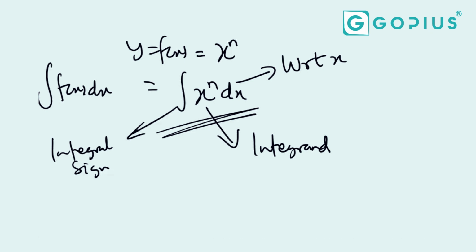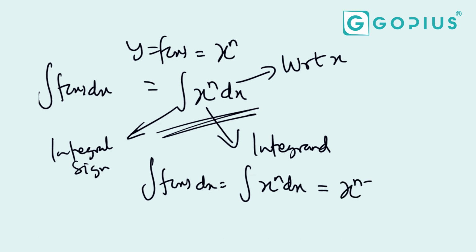Alright, so this is how we integrate. Integral of f of x dx is equal to integral of x raised to power n dx, since our f of x was given as x raised to power n. So I'm just going to write the general formula for integrating. Whenever we integrate, we just add 1 to the power.